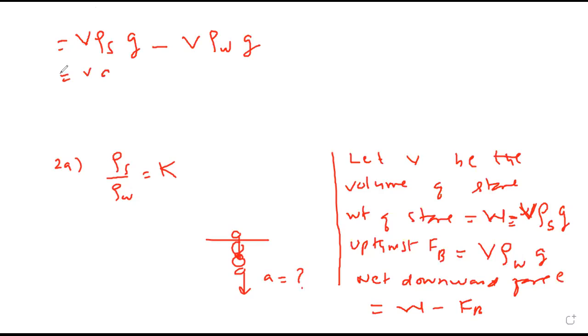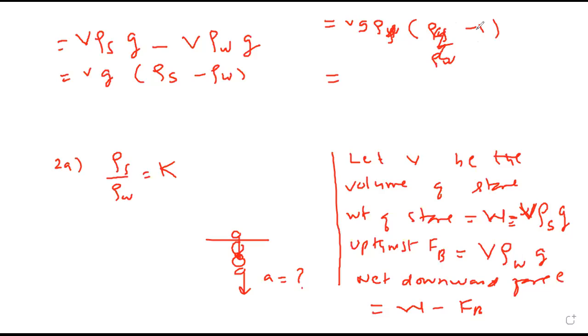This is V g, if you take common. Inside you will get density of solid minus density of water. It is Vg, density of solid I am taking common so that we get weight. So it is 1 minus density of water upon density of solid.